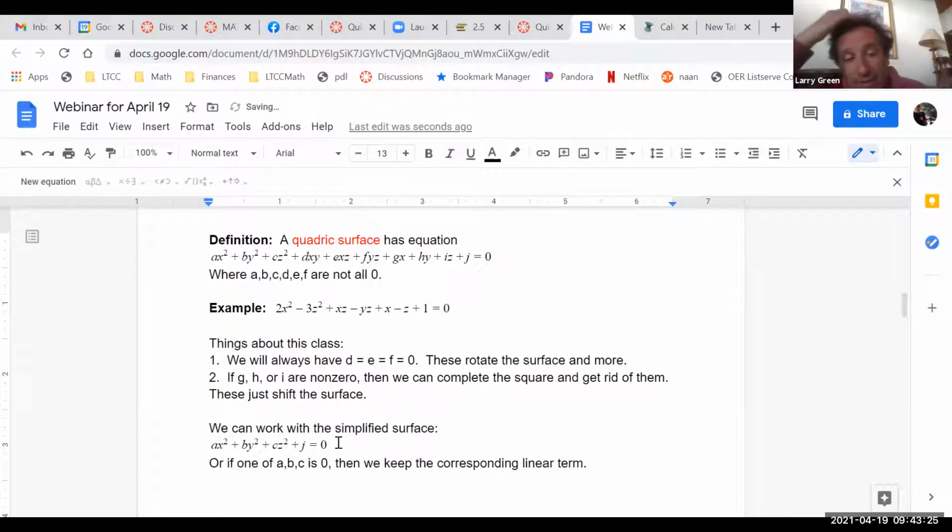Because if you don't have the corresponding linear term and A, B, or C is 0, you have a cylinder. But actually, it turns out you get more interesting stuff if, let me write, one or more corresponding linear terms. So the idea is if one of the quadratics is 0, you want to keep its corresponding linear. Any questions on that idea?